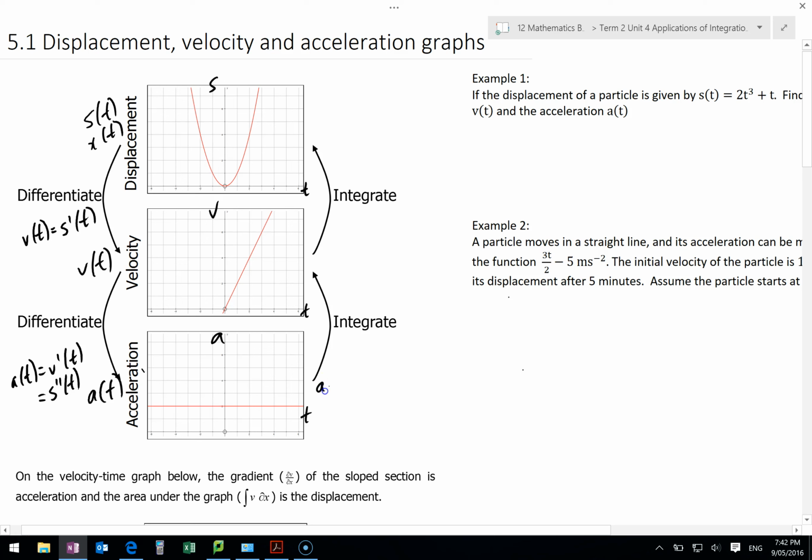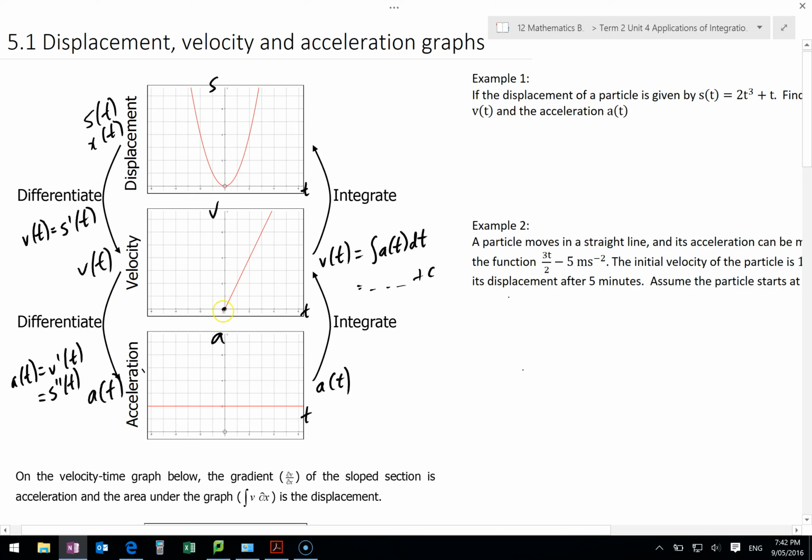So if I start here with the acceleration and I want to find the velocity, I'm going to integrate the acceleration with respect to t. That'll give me something plus c, and I can use some initial condition.